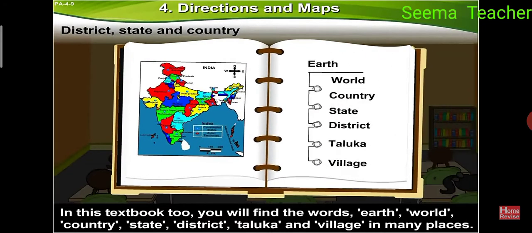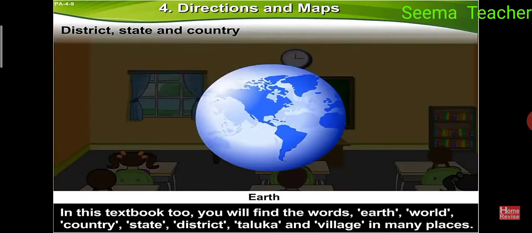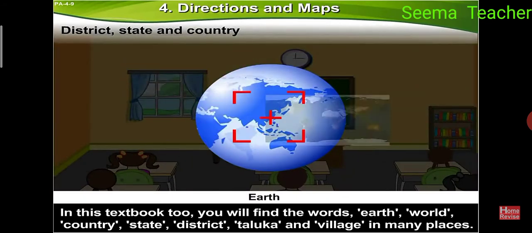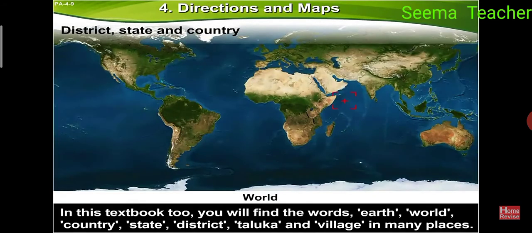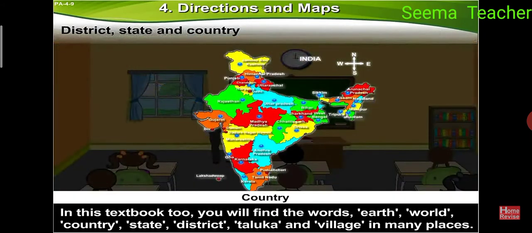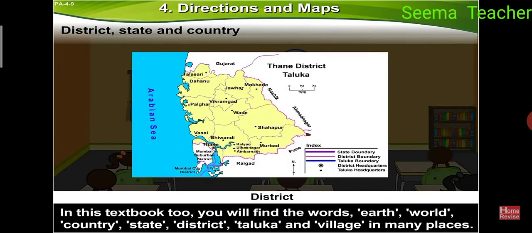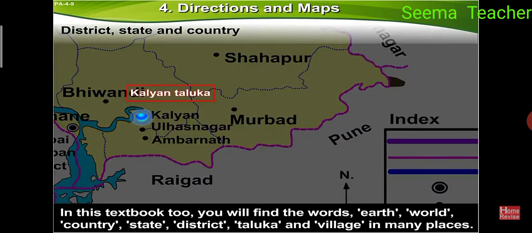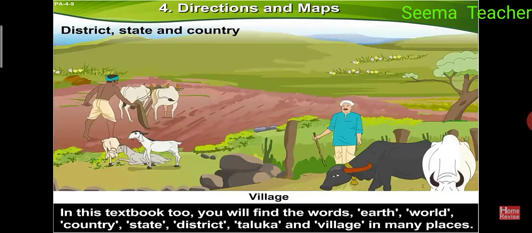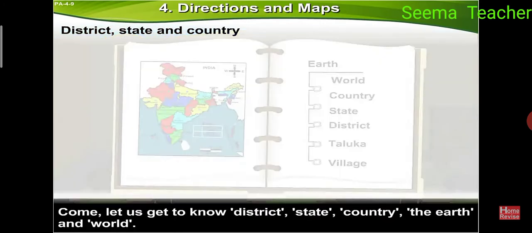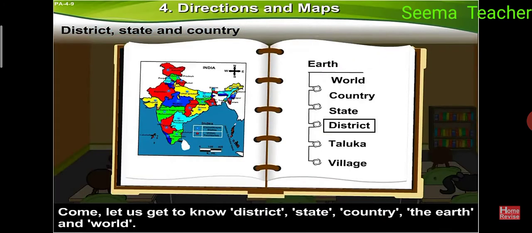In this textbook too, you will find the words earth, world, country, state, district, taluka, and village in many places. In this textbook, do you find the words earth, world? Come, let us get to know district, state, country, the earth, and the world.